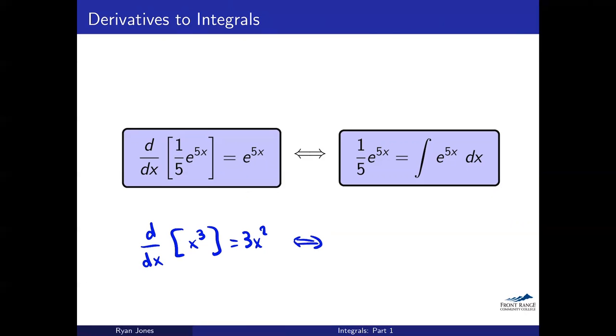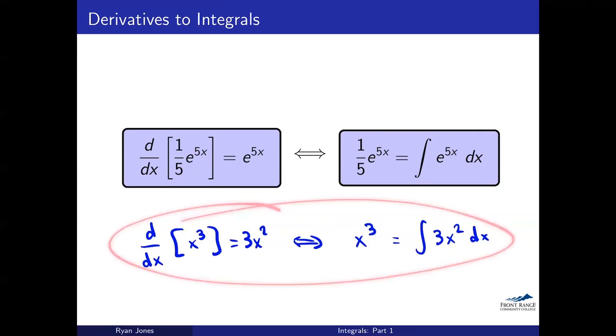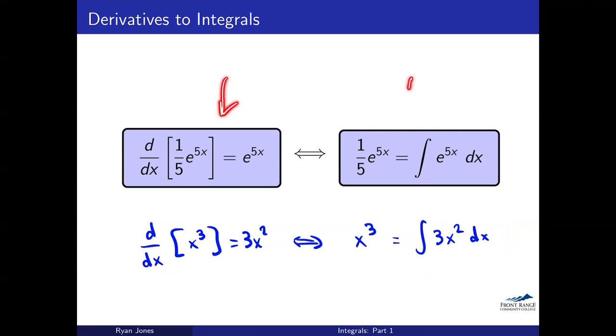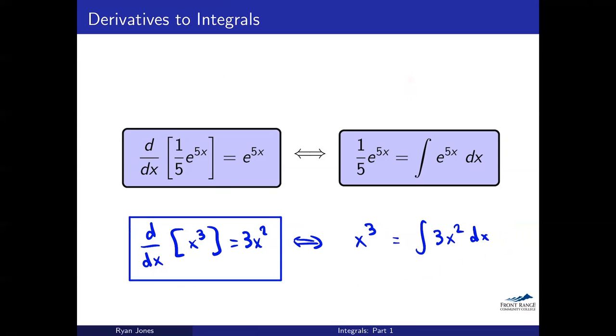And then x cubed is equal to the integral of 3x squared dx. So I am writing this guy backwards, if you will, but that's fine. It doesn't matter which thing is on which side of the equal sign. So this is the example I've been dealing with mostly, but it works here as well. What I mean here is what's in these boxes. Let me go ahead and box these. So the things in these boxes are the same thing.